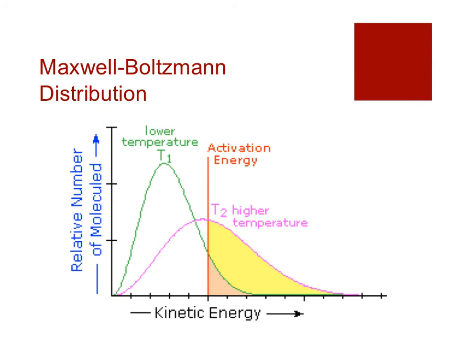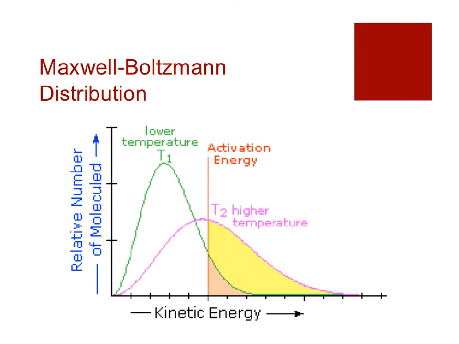Here are two temperature graphs with the activation energy. So even raising the temperature allows us to make more products, because if I heat it up, my particles are now moving faster, they're given more energy, and more of them are able to get past that activation energy threshold.